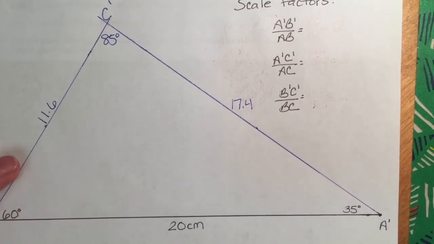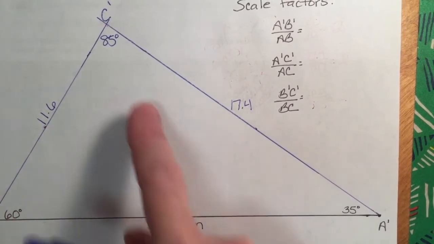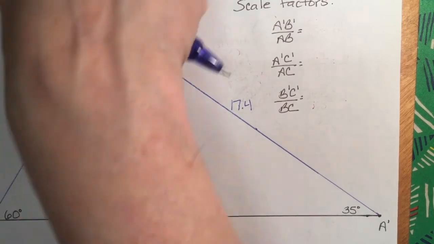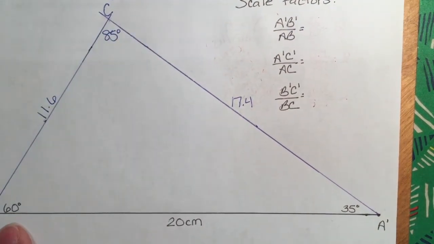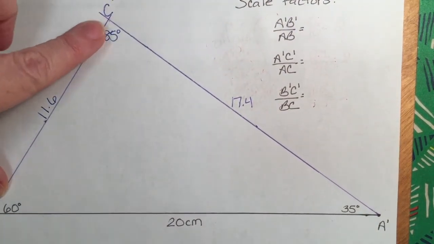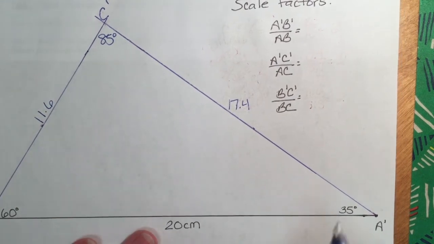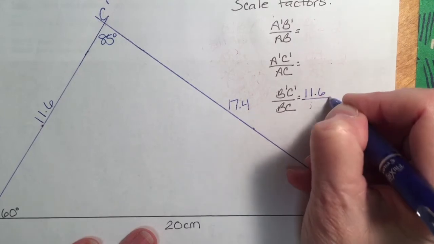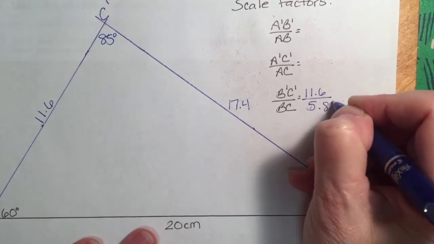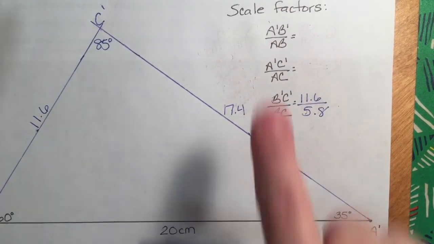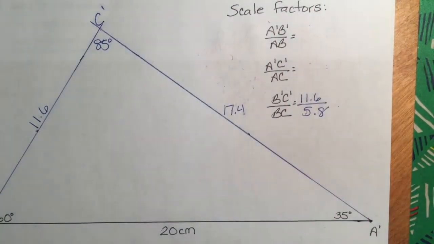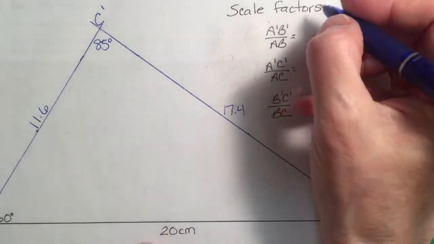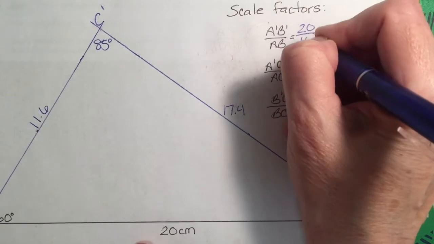Let's compare corresponding sides. This is the shortest side, and this is the shortest side, BC and B prime C prime. So those are going to be 11.6 compared to 5.8. The base sides AB, A prime B prime, 20 compared to 10.